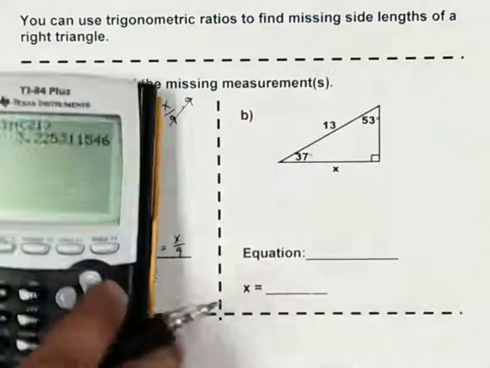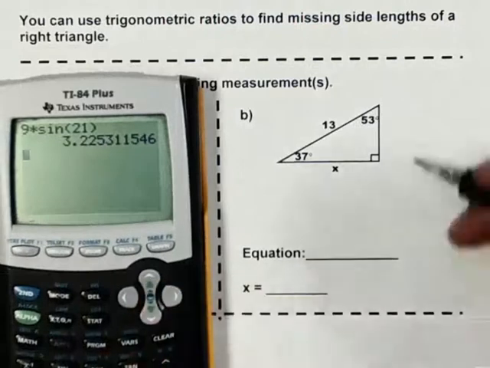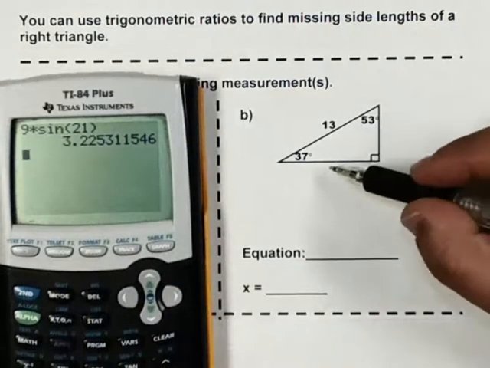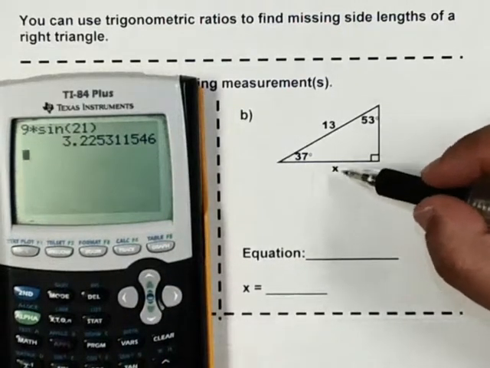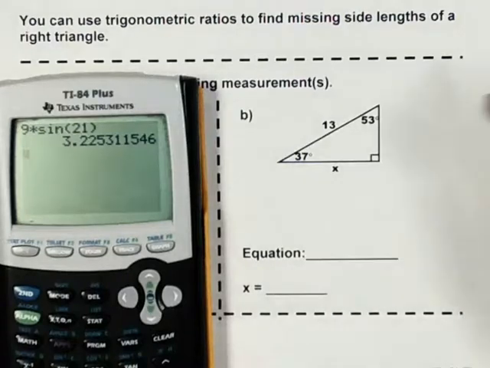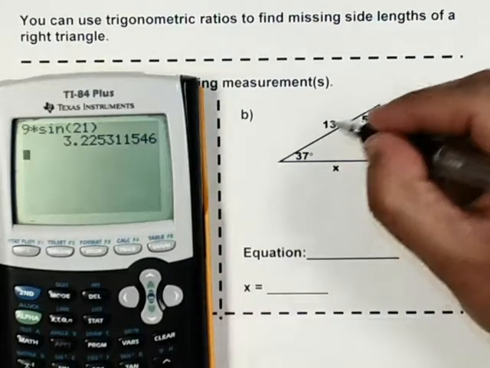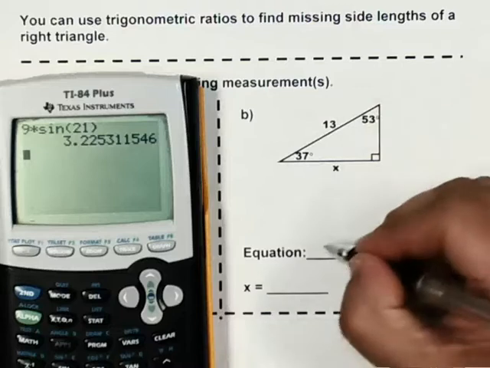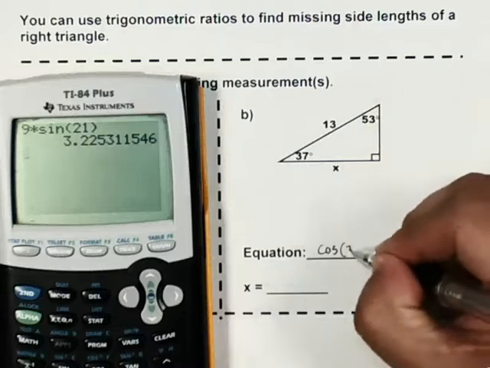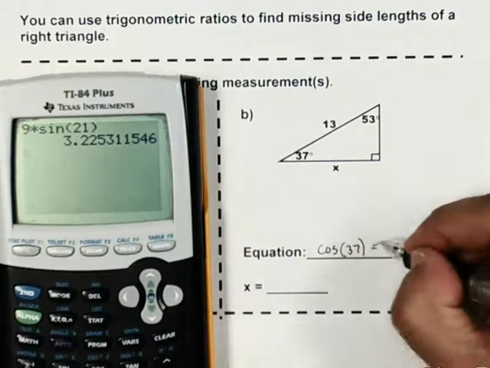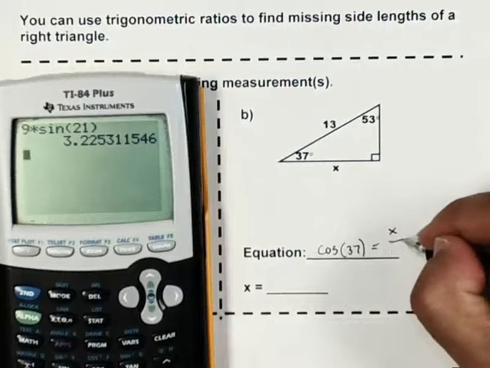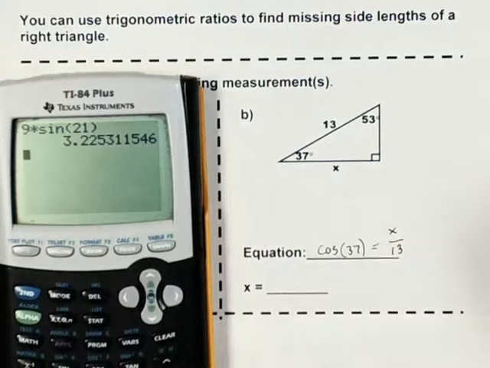All right, so let's do the same thing with example B. I want x. Just to show you that you can use any trig function, I'm going to go ahead and use cosine on this one, since I do have the hypotenuse. So I'm going to say the cosine of 37 degrees is equal to adjacent over the hypotenuse.